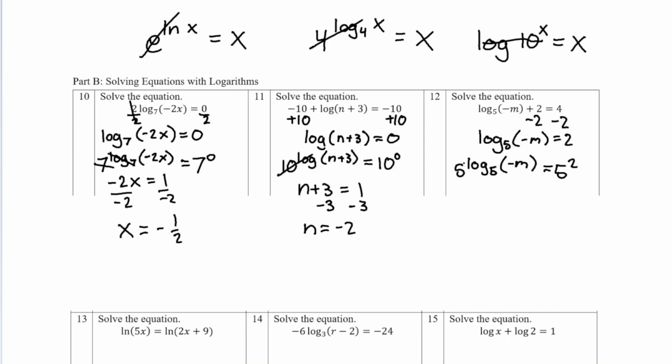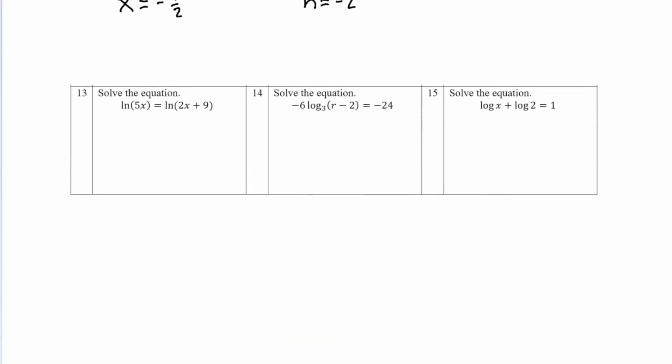So this is 5 to the power of log base 5 of negative m, and that equals 5 squared. Cancel, and we end up with negative m equals 5 squared, which is 25. And divide by negative 1 or multiply by negative 1. Get m equals negative 25. And that's my result.